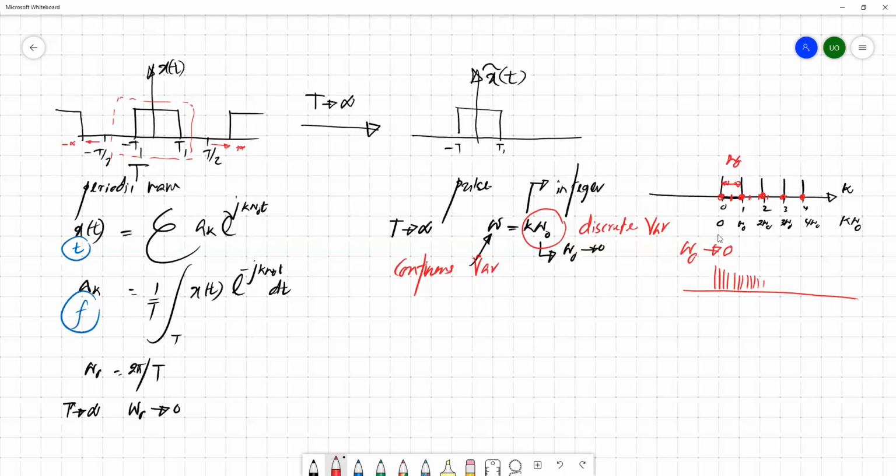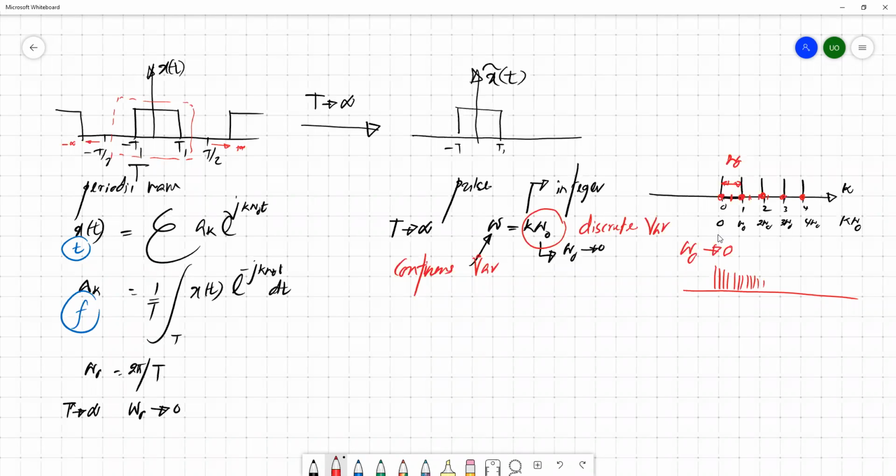Once you let the period of the signal be infinity, omega naught becomes smaller and smaller, or basically converges to 0. And while the product of k and omega naught is a discrete variable, ultimately this omega converges to a continuous variable, because once you reduce the value of omega naught to 0, the distance between consecutive samples gets smaller and smaller.